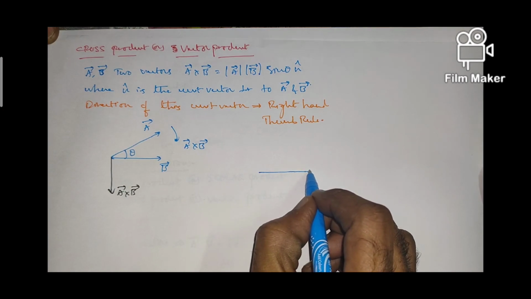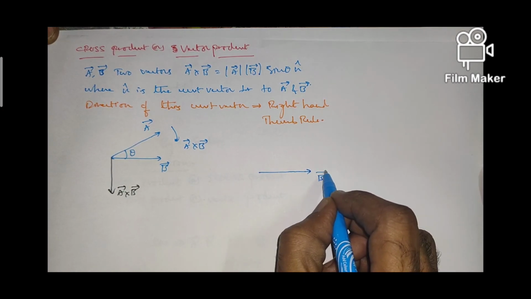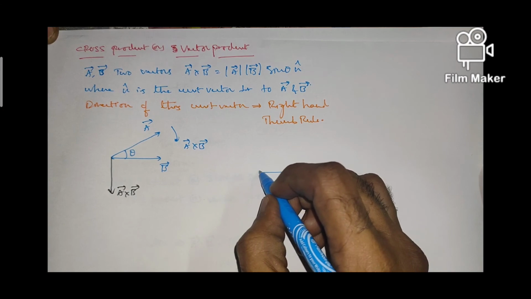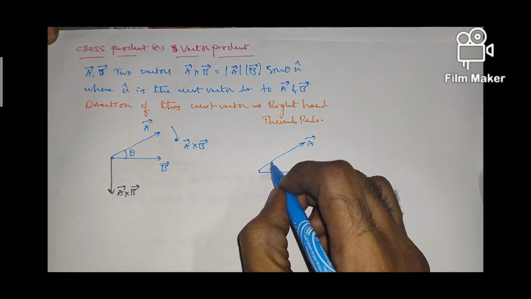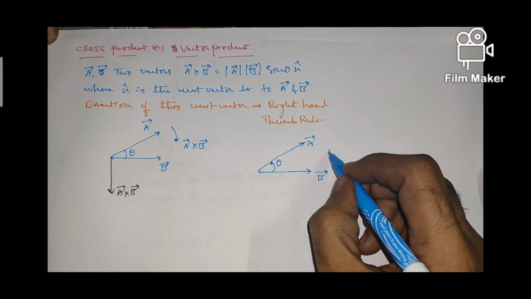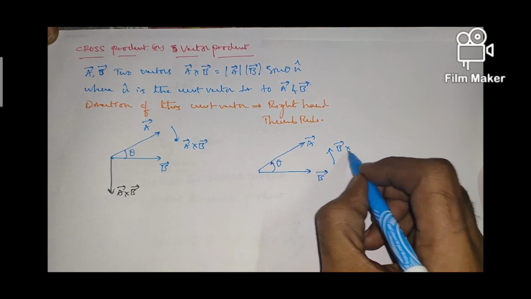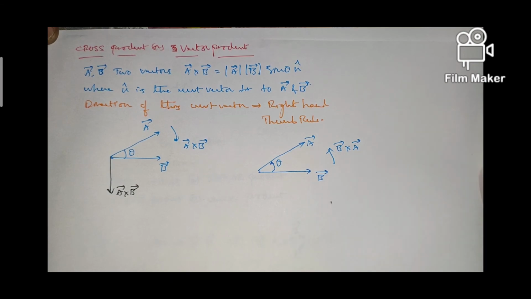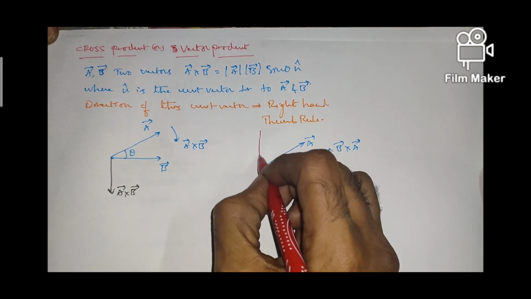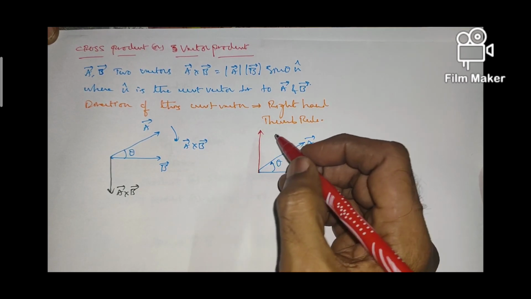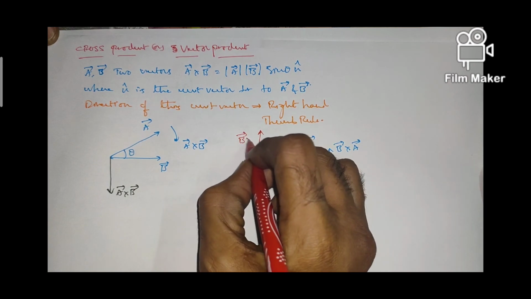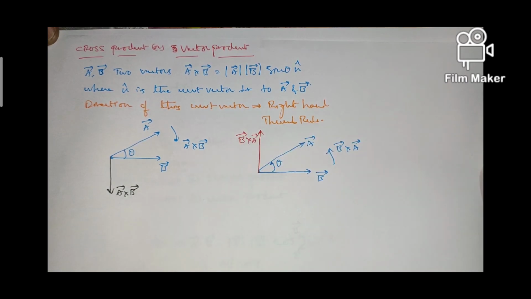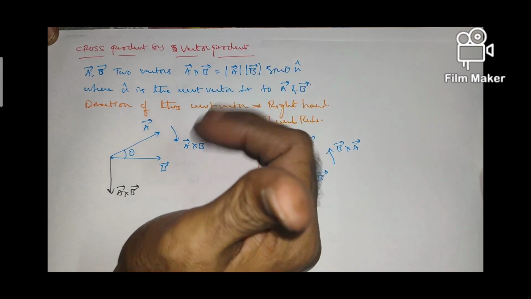Now let us consider B bar cross A bar. Here we have to curl the fingers, close the fingers in the opposite direction, anti-clockwise. So obviously the thumb is going to be pointed upwards, indicating the direction of unit vector. This is B bar cross A bar.